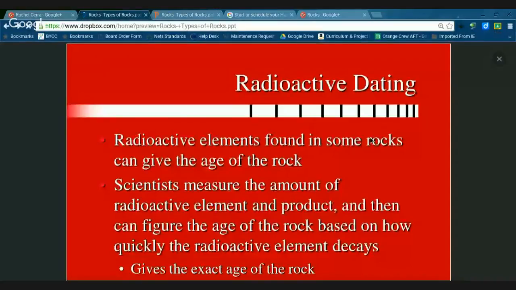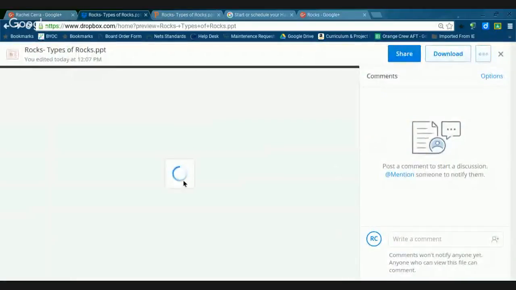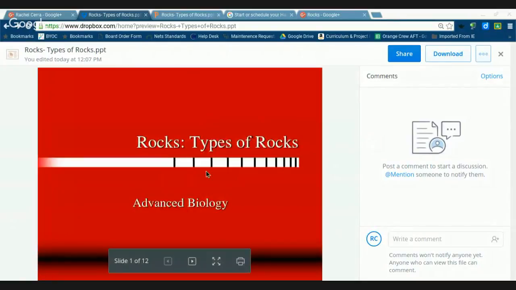So that kind of gives you an understanding of the different types of rocks. If you do have any questions, let me know. Tomorrow we'll review over minerals and rocks. And like I said, I'm probably going to have you take a quiz on Tuesday over the minerals and the rocks.